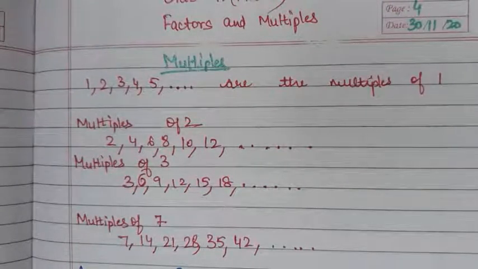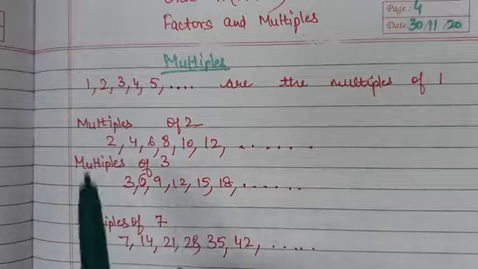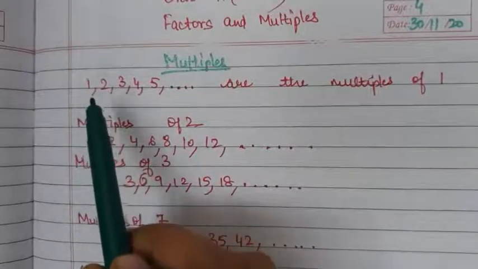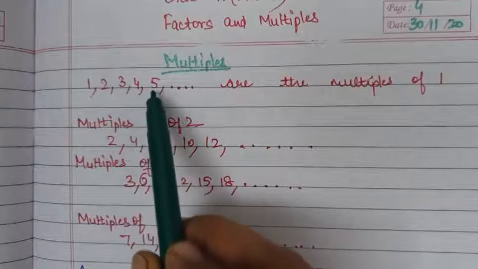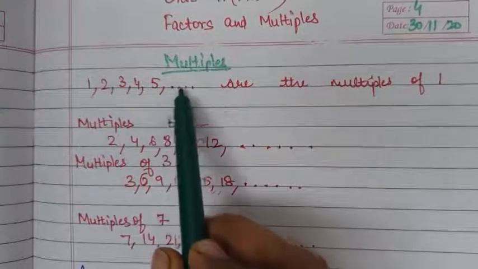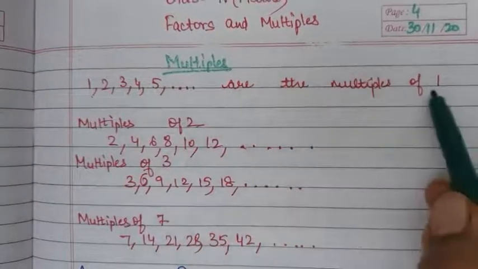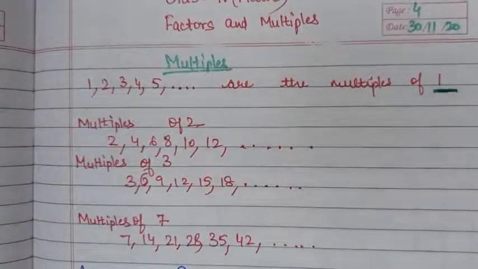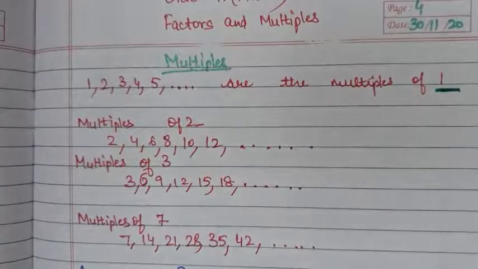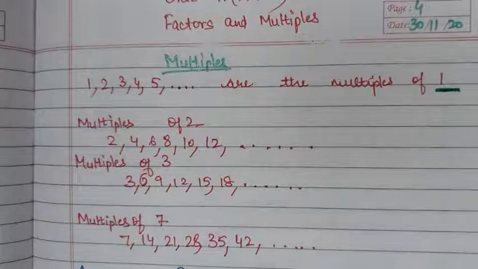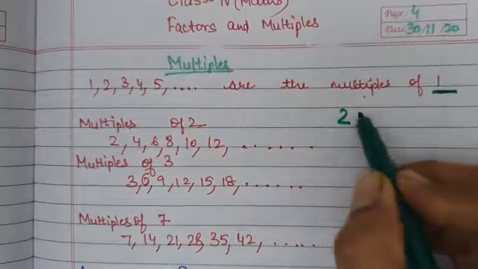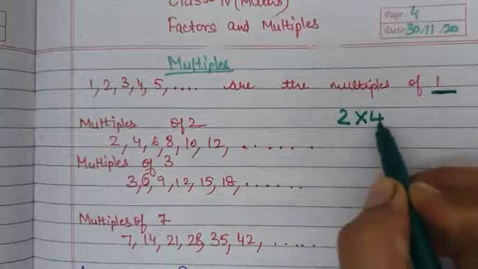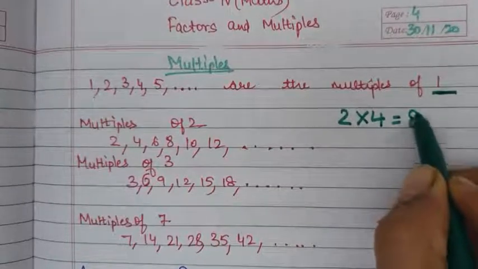If you see here, 1, 2, 3, 4, 5, they all are the multiples of 1. Students, what is a multiple? Suppose you are writing here 2 into 4 is equal to 8.